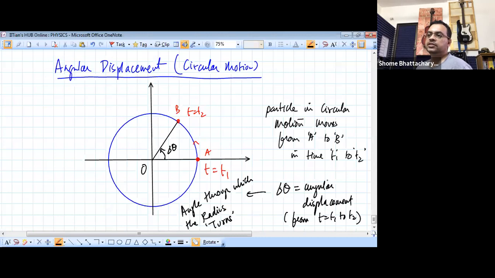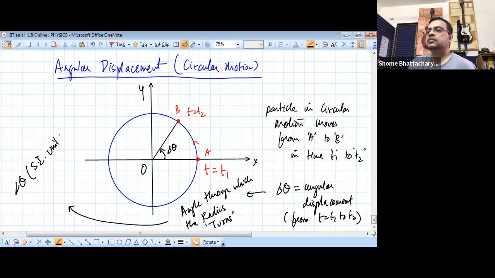So this is the definition of angular displacement. Just note down this definition first, then we'll understand more about it. So the SI unit of angular displacement, delta theta, is radians.